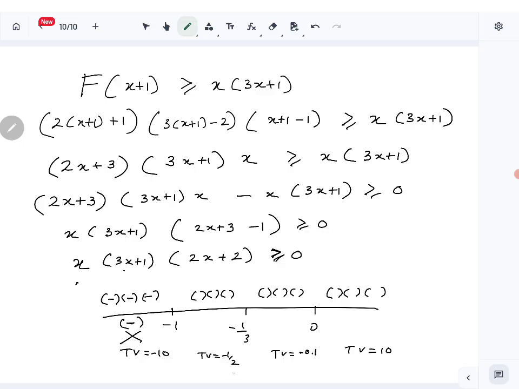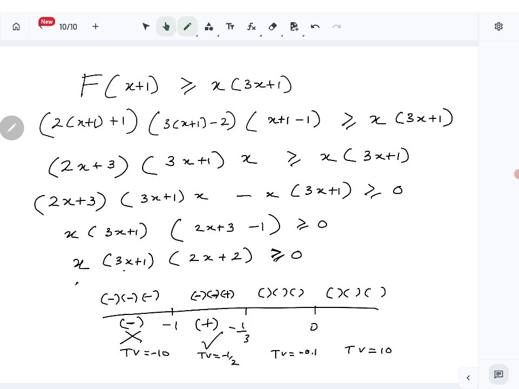Then substitute minus half for the second interval. So first one becomes minus 3 over 2 plus 1. So the second bracket is also minus. Third bracket becomes plus. So minus minus is plus, plus into plus is plus. So the total is plus. So this interval we want, right?